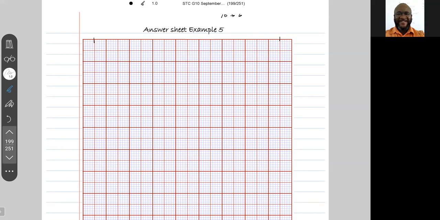Here's what we know. The scale on the x-axis is 2 centimeters to 1 unit. To the left, your graph is going to go to minus 5. To the right, your graph is going to go to positive 3.